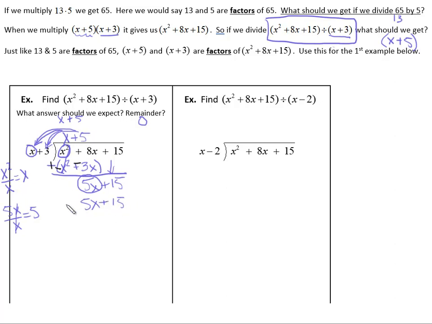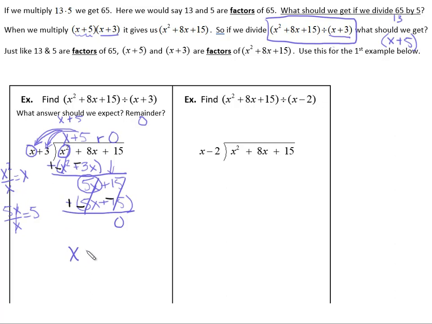But remember, we need to subtract this answer. We need to subtract that whole thing. We're going to do that by adding the opposites. When we do that, those cancel out, these end up canceling out, and that tells me we get a remainder of 0.